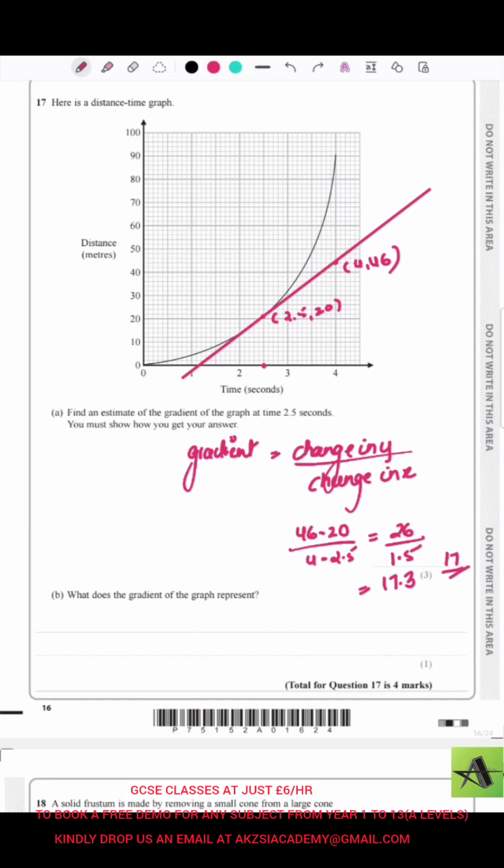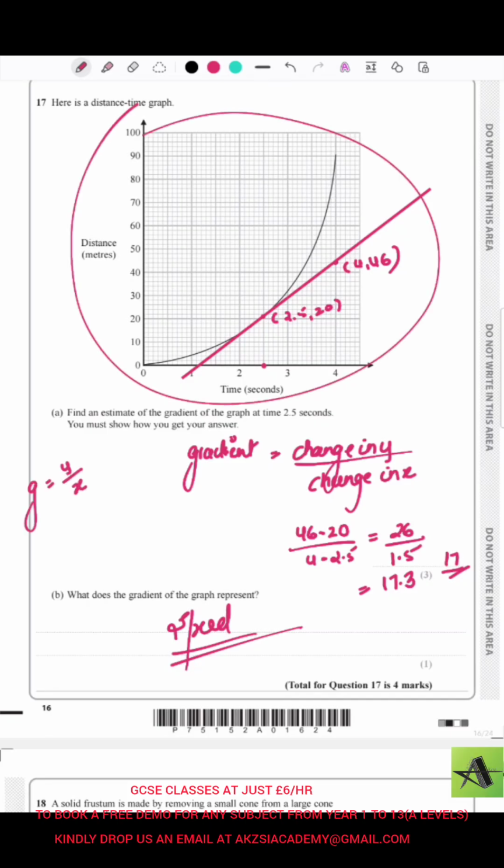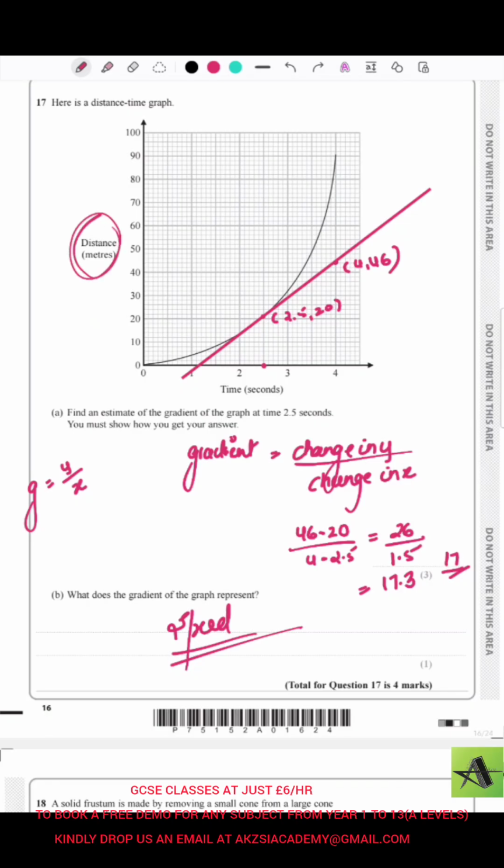And what does the gradient of the graph represent? The gradient of the graph represents speed. See, if there's any other question where you have to find what the gradient of a graph represents, we know change in y over change in x is the gradient. Here in this graph, change in y, that means on the y-axis it's distance, and change in x, on x it's time.